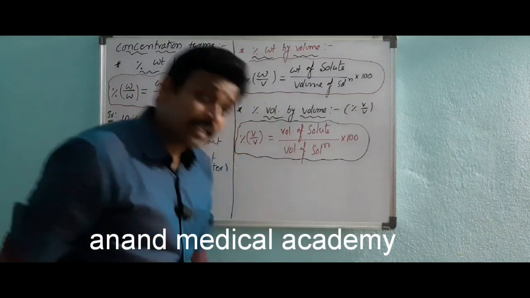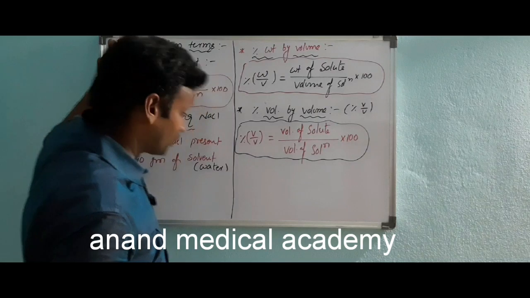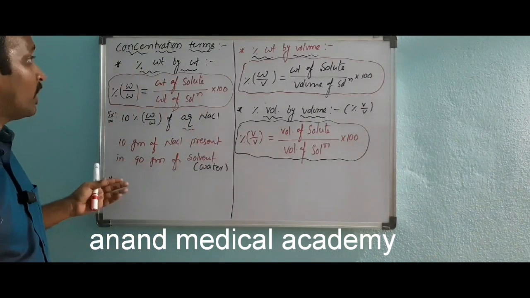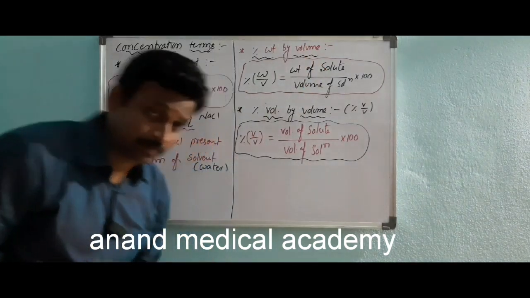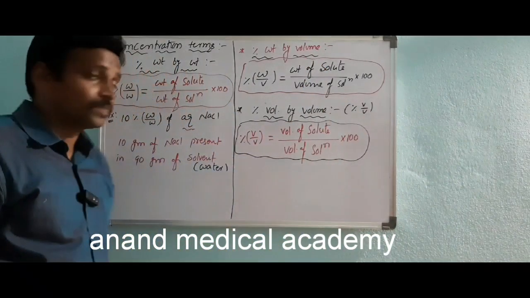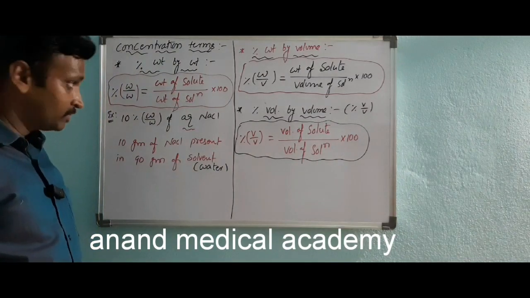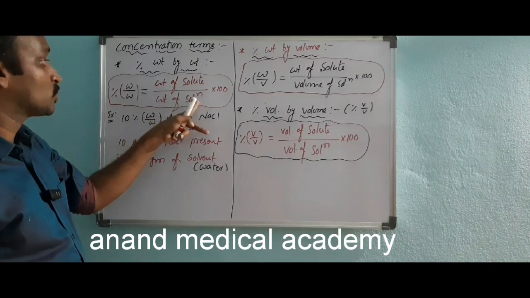Concentration terms we are learning. First one, percentage weight by weight, the second one is percentage weight by volume, and the third one is percentage volume by volume. Very clear? Very simple.